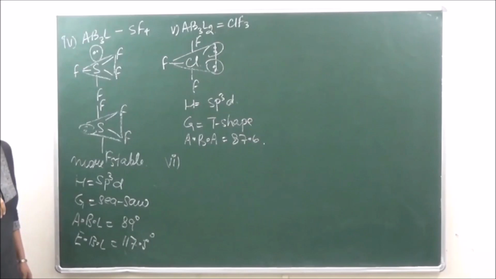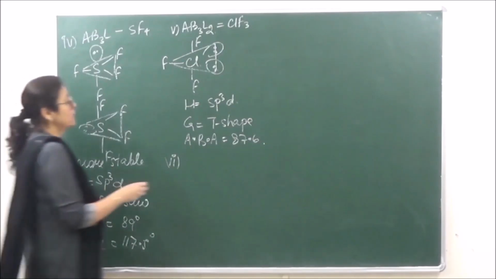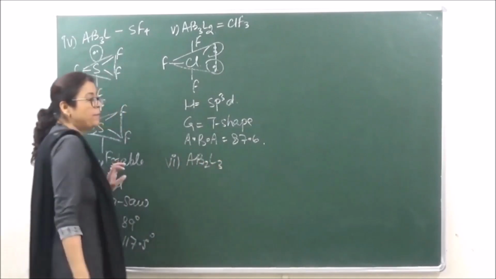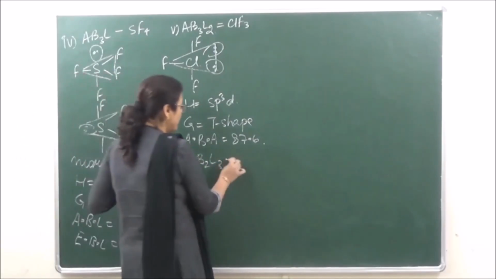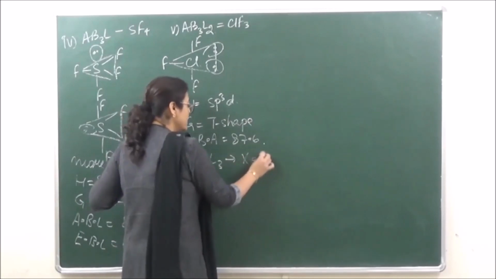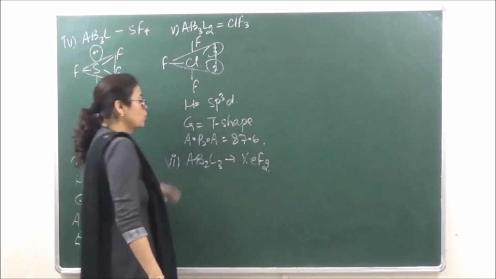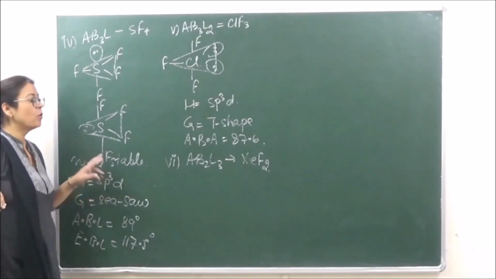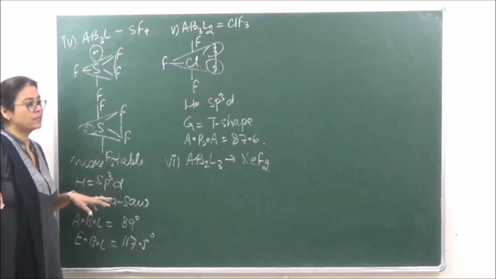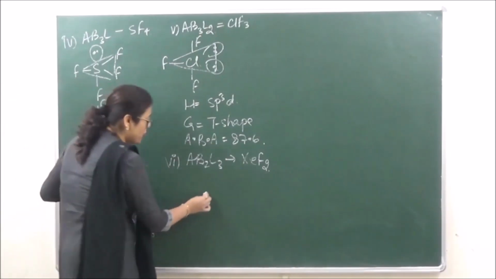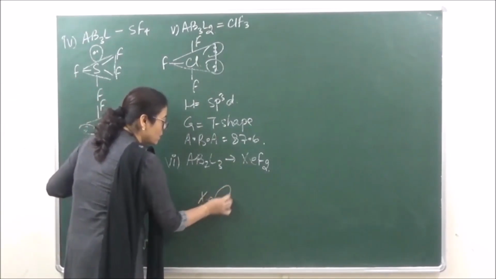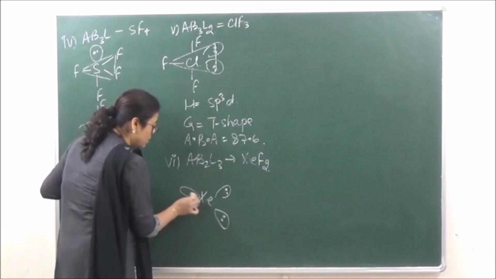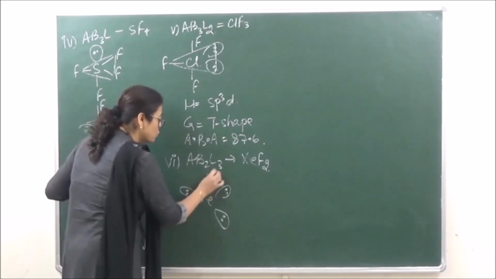Then the next one which we are going to do, the sixth one, that is AB2L3. An example we are going to take is XeF2. There are two bond pairs and there are going to be three lone pairs. ठीक है? So यहाँ पे जब इसकी shape हम देखते हैं, all the lone pairs, they are directed at this position.